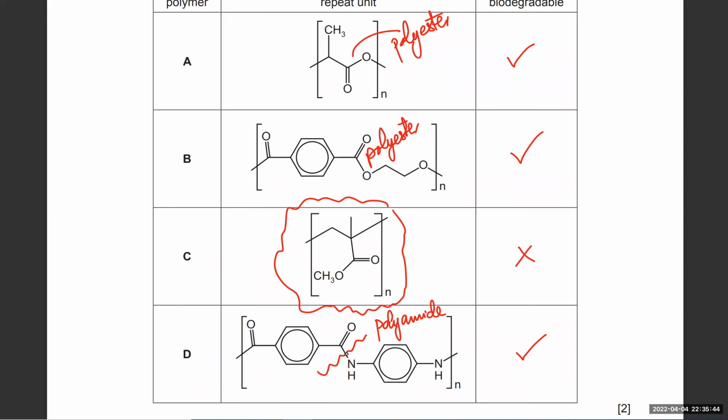Okay, what's the type over here? This one, remember, is an addition polymer because there are no linkages. It's just a carbon chain.